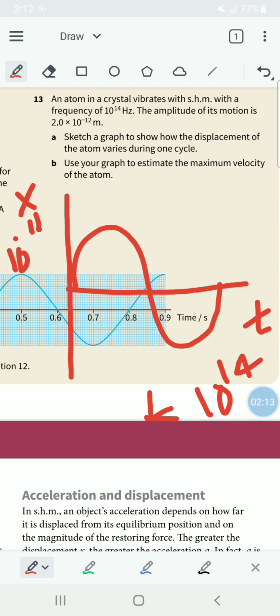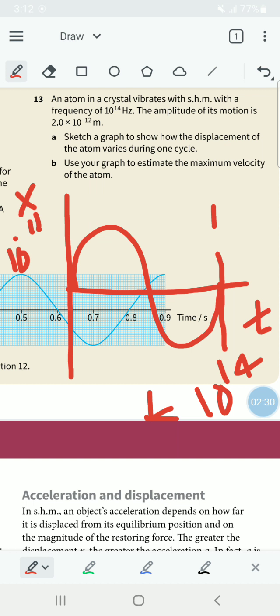This would be the graph of SHM. This would be the 1 into 10 to the power 14 point. So that is the time, 1 second.